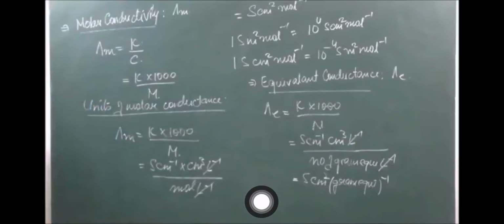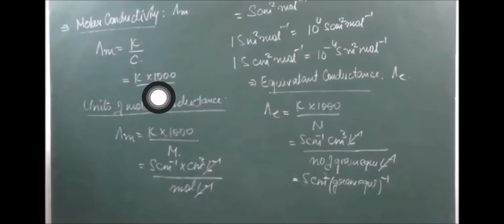So here we have completed 3 small topics related to conductance. First was cell constant, that is G star. Second is molar conductivity, denoted by lambda m, and the third is equivalent conductance, denoted by lambda c.